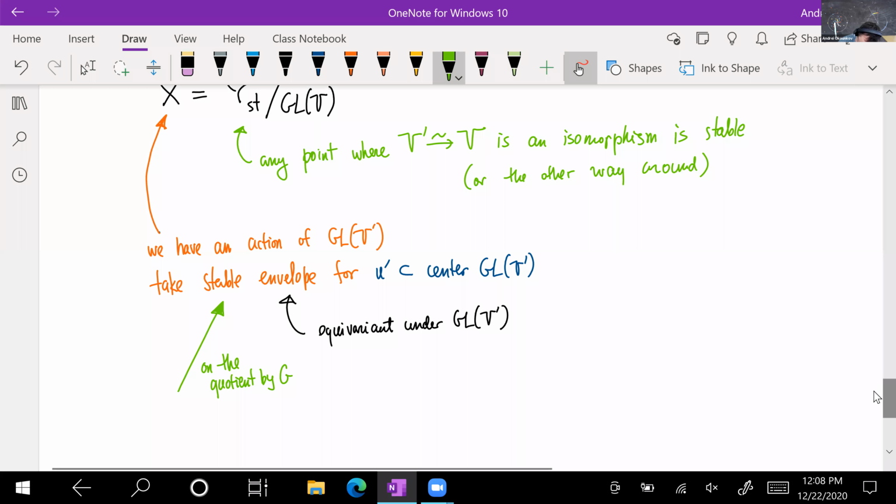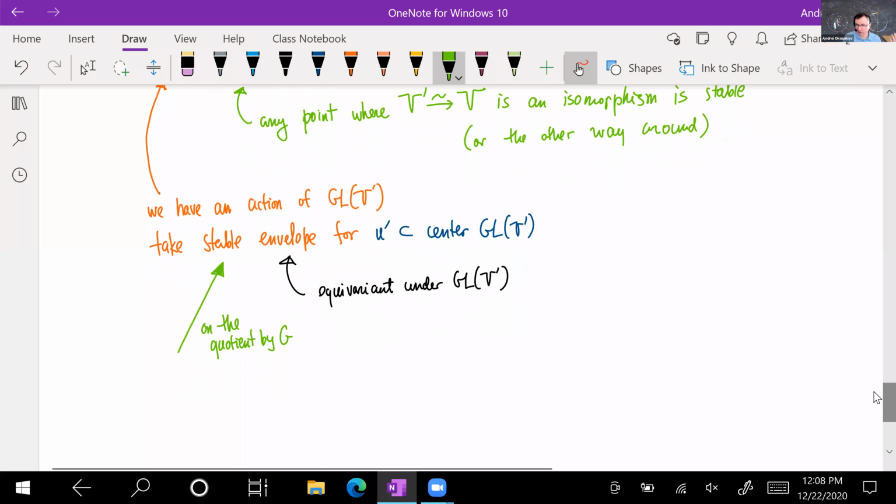And so then what we can do is lift it to the pre-quotient by one group and descend it to the quotient by the other, right? That makes sense.